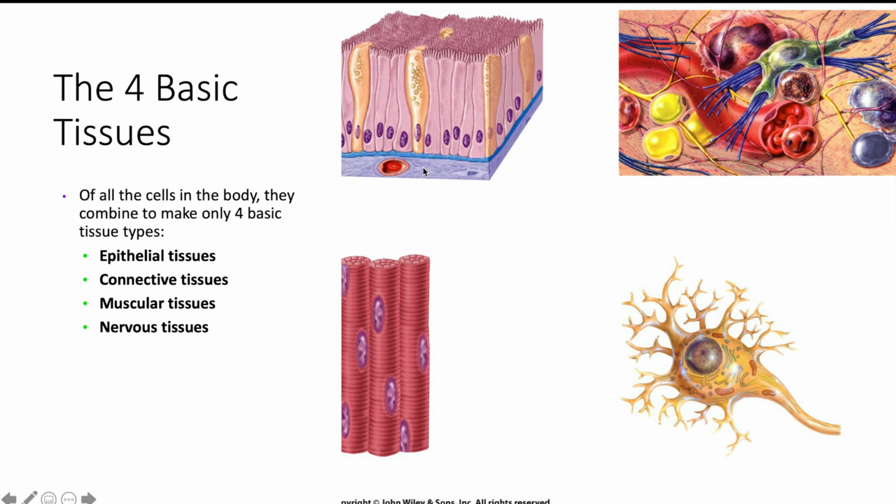And I said that underneath that basement membrane was a layer of connective tissue. So we're going to look at connective tissues in a very general sense next. These connective tissues are being shown by this diagram here. And what you see is just a combination of different tissues. You have blood, you have fat cells, you have this cell right here, which is making fibers.